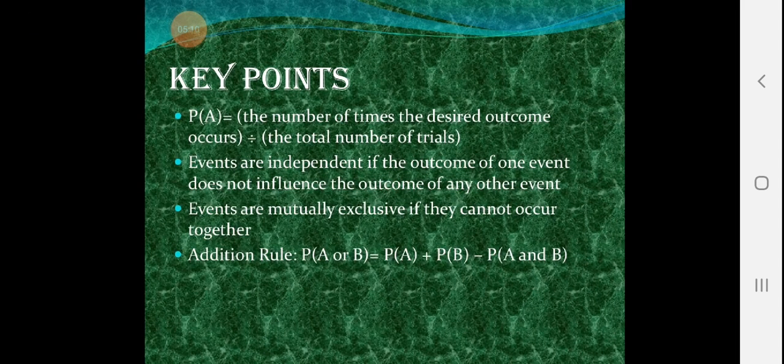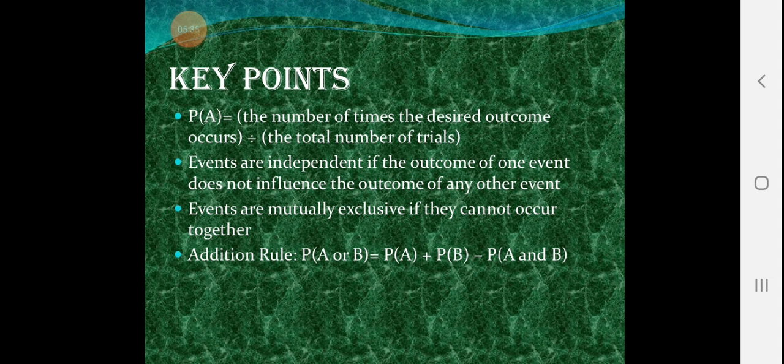Now just remember the key points. P of A is equal to the number of times the desired outcome occurs divided by the total number of trials. Events are independent if the outcome of one event does not influence the outcome of the other event. Events are mutually exclusive if they cannot occur together.